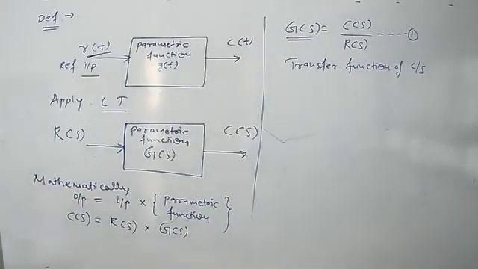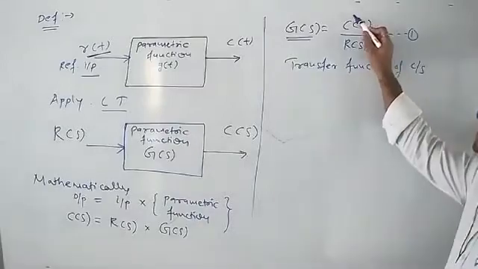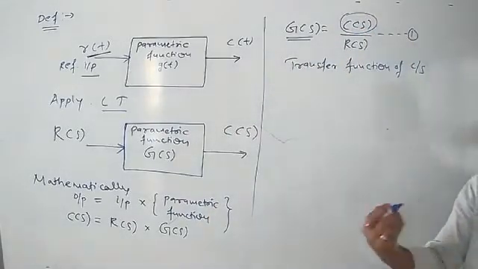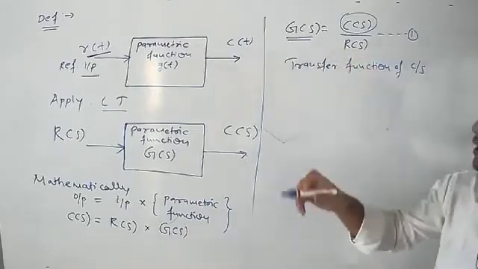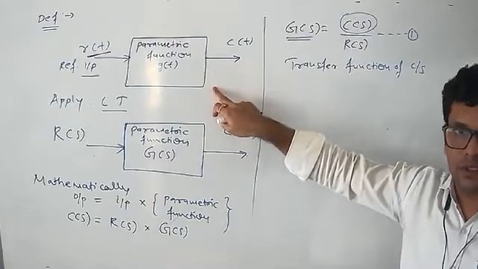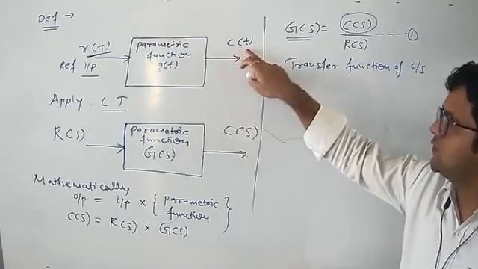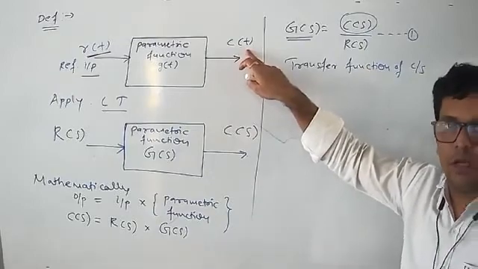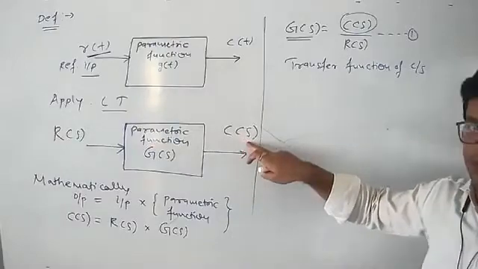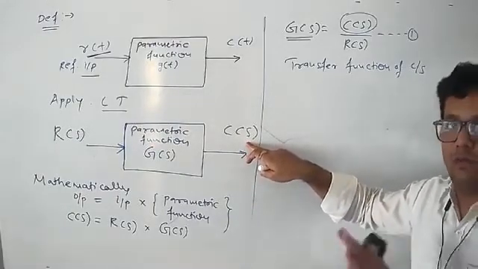Now, how to define transfer function from equation number 1? See here, this C of s indicates the Laplace transform of output, which is nothing but response, because if you see this particular block diagram, here we have represented the given system in time domain. So this small c of t indicates the response of the control system in time domain, but if we apply Laplace transform, we get C of s, which is again the response of your given control system, but in frequency domain.